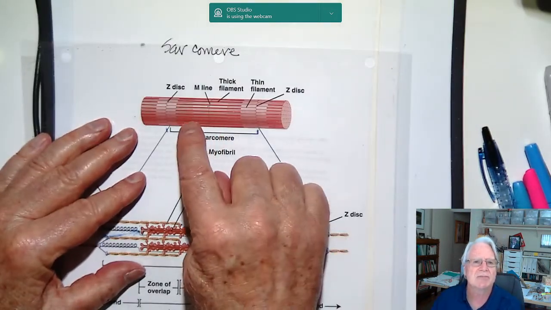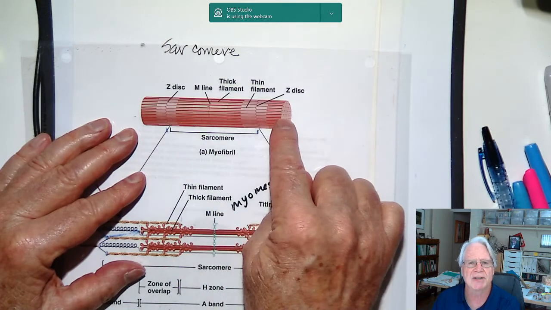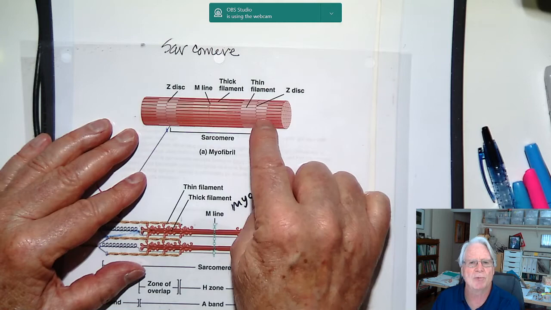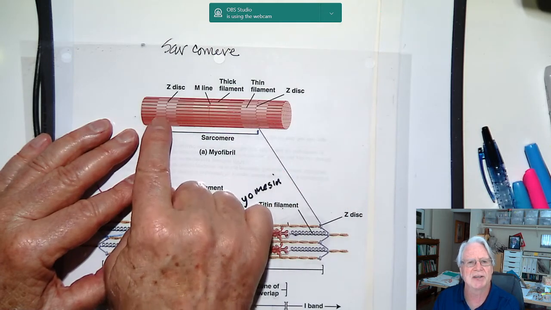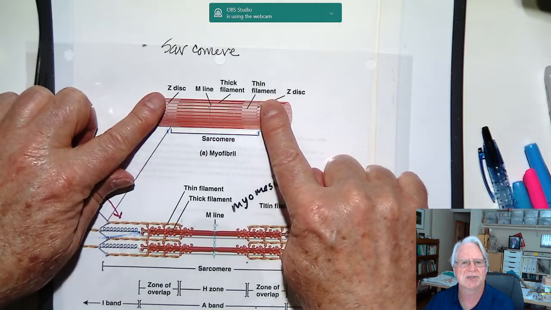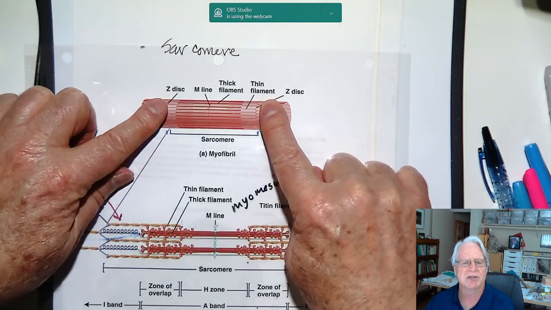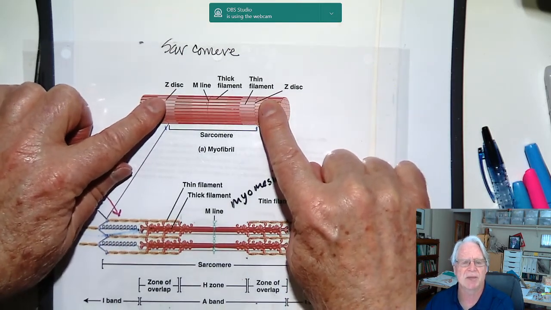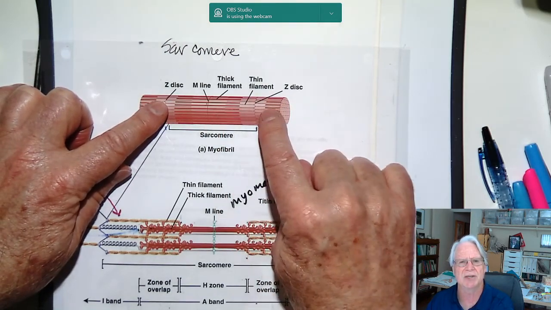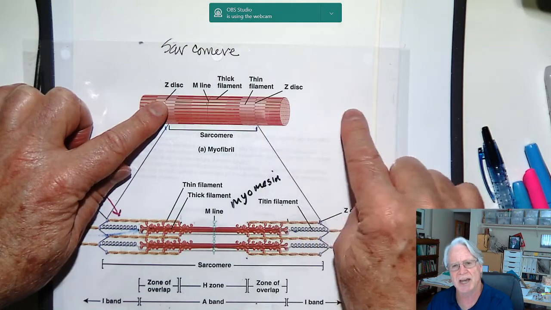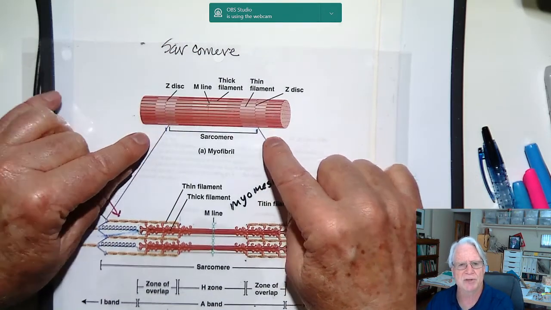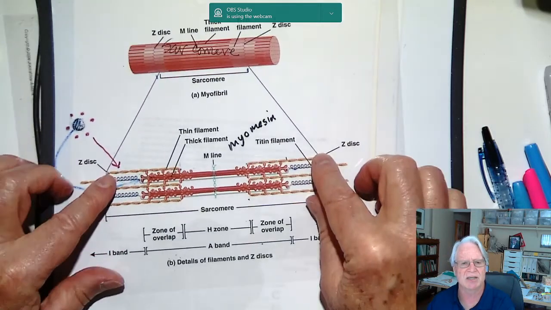So here we have a bundle that is a myofibril. We have one Z-disc, we have another Z-disc, and between those two Z-discs is the sarcomere. So what we're going to do is we're going to take that section, and remember, the myofibrils are composed of many, many units of sarcomeres, one after the other, extending out, and we're going to expand that and look at the details.